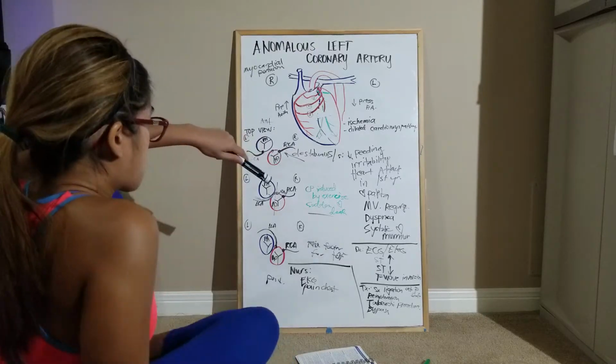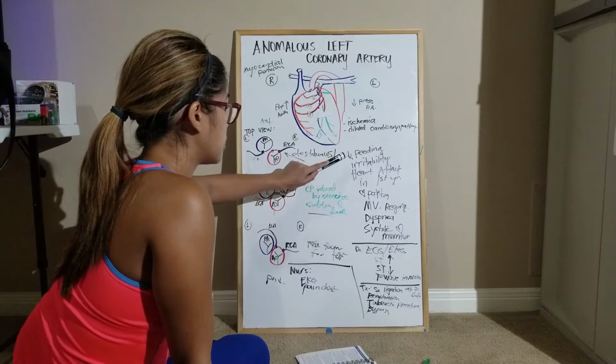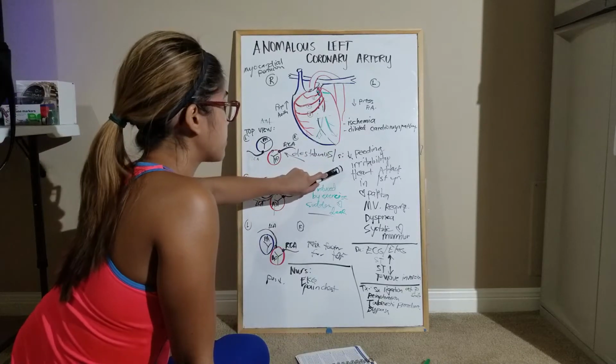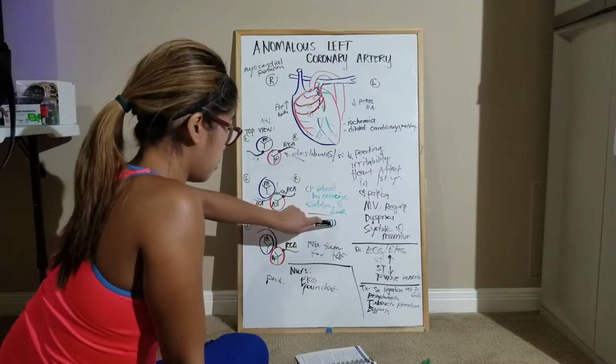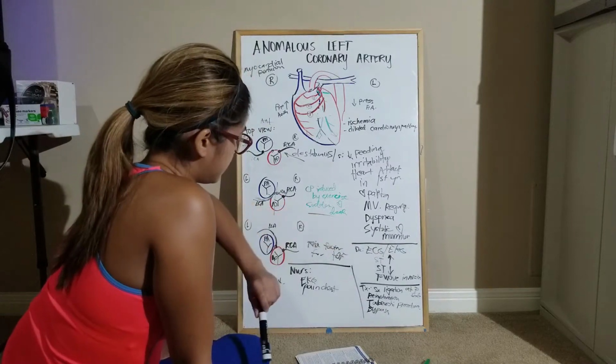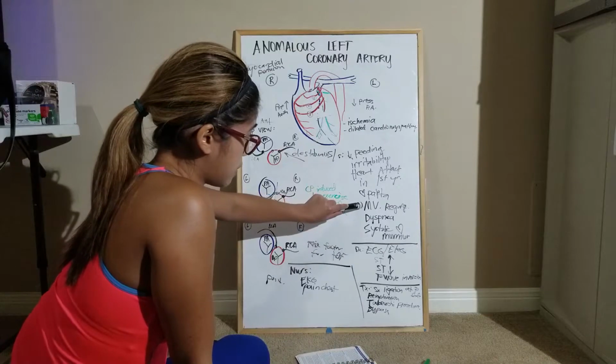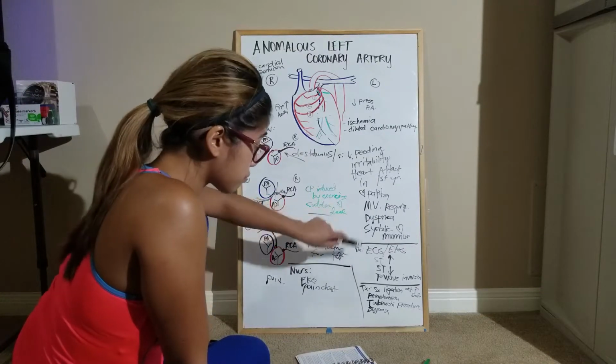Our babies will have difficulty feeding, irritability, and the murmur. They may have a systolic murmur because of the mitral valve regurgitation.